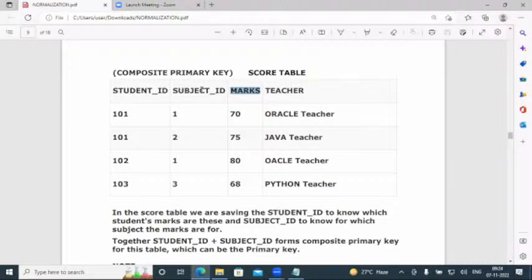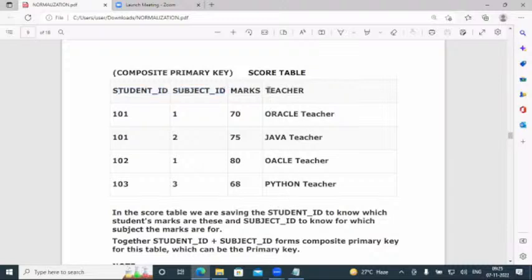So the student is required and the subject is also required, then they get marks. So the marks column depends on both of them. That means the marks column is a partial dependency or full dependency? Full dependency, because it depends on both columns.